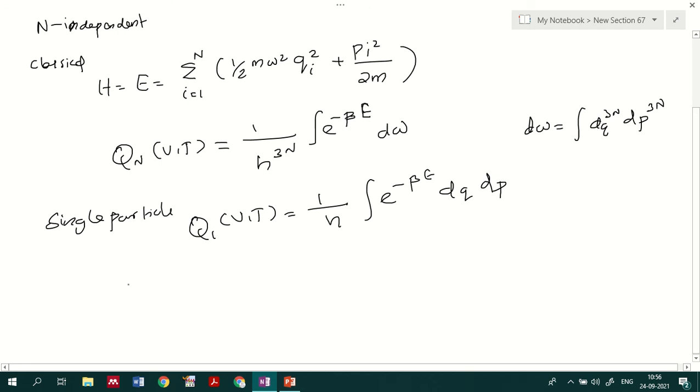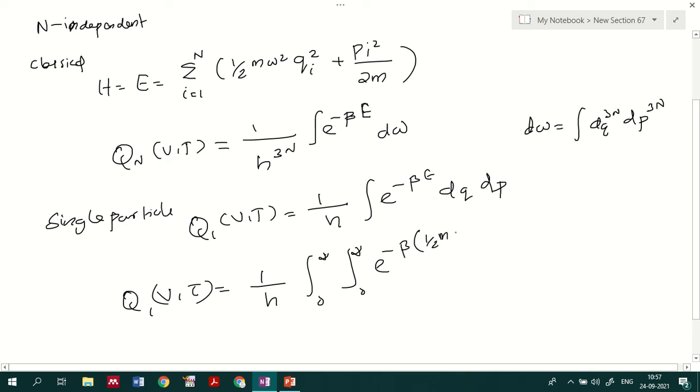Okay, now if I supply the corresponding integration limits, it will be 1 by h into 0 to infinity and 0 to infinity, e raised to minus beta. Now I can substitute the energy here, that is 1 by 2 m omega square qi square plus pi square by 2m, into dq and dp.